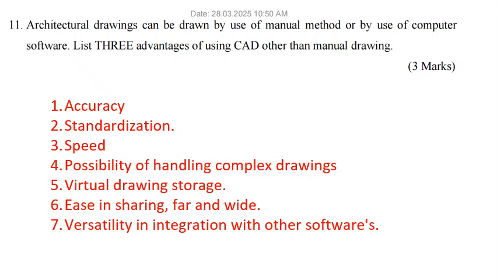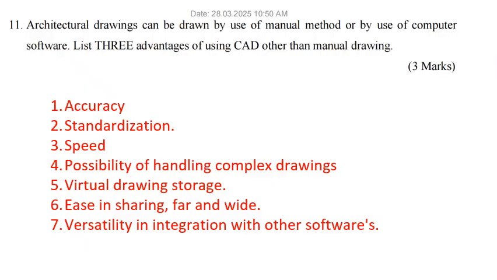CAD stands for Computer Aided Design, and therefore we are talking of AutoCAD, we are talking of ArchiCAD, and some other CAD systems. So what is the advantage of using the computer aided design to the manual process?